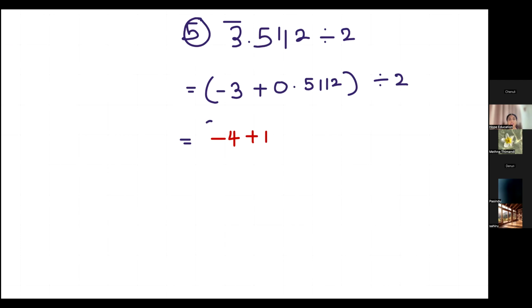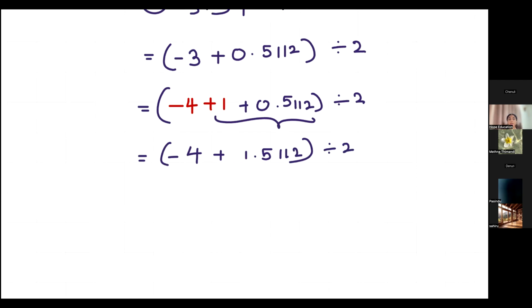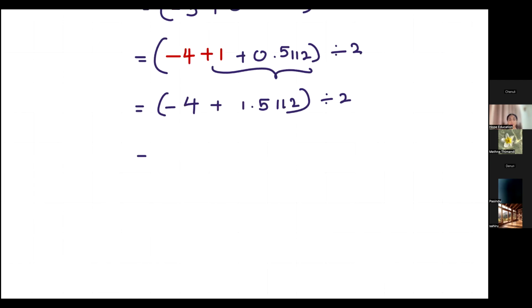Here the mantissa is 0.5112 divided by 2. So -4 plus 1.5112 divided by 2. -4 divided by 2 again, we get -2. 1.5112, you just have to divide by 2.